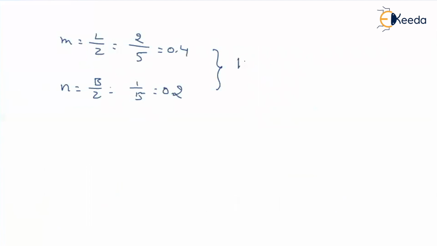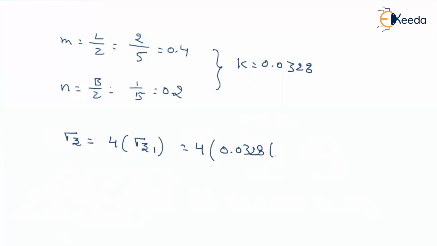So K will be equal to 0.0328. That's it. Stress at the point will be equal to, it is the same for all the 4 rectangles. That's what I'll do: 4 into sigma z1, sigma z2, whatever you consider, doesn't matter. That will be equal to 4 into the K value, 0.0328, into the intensity, 8.